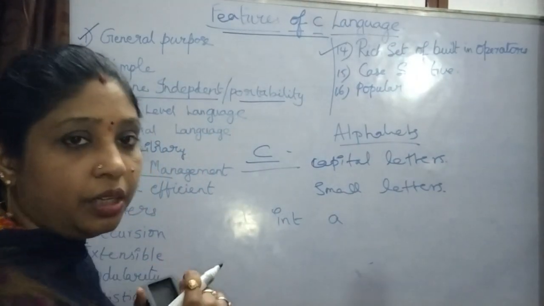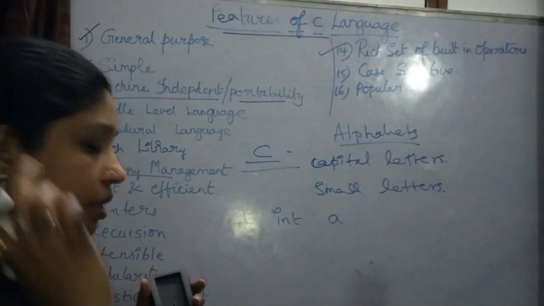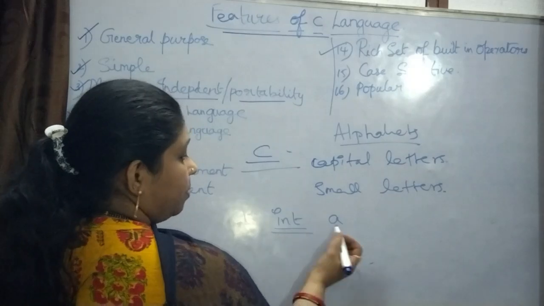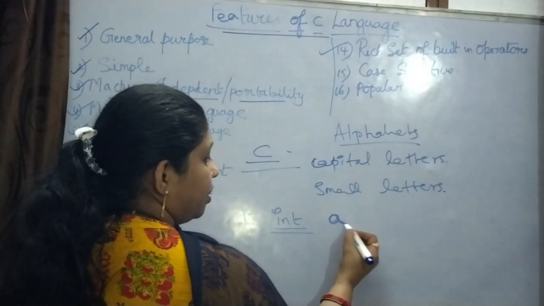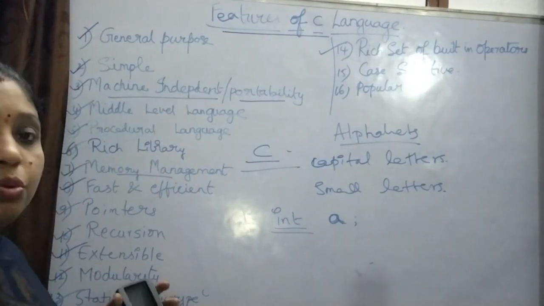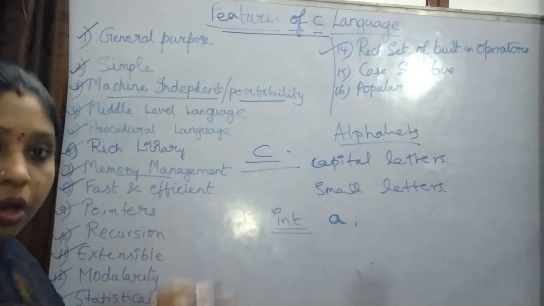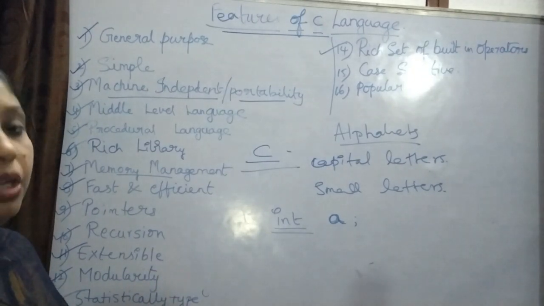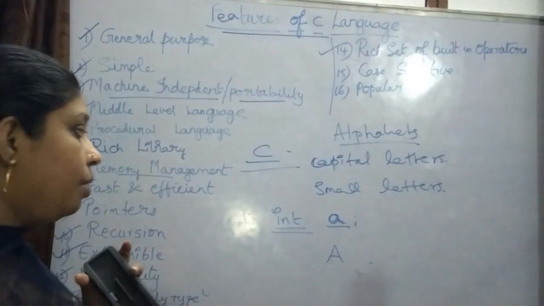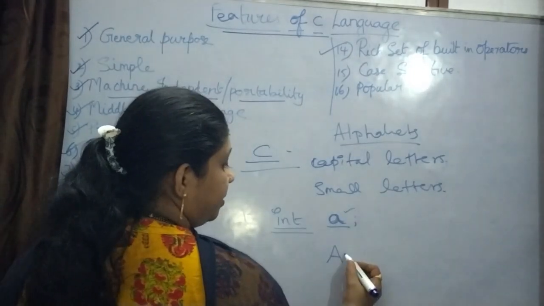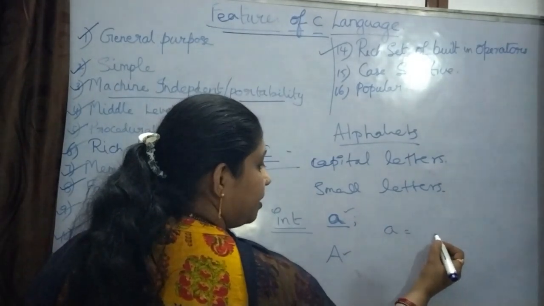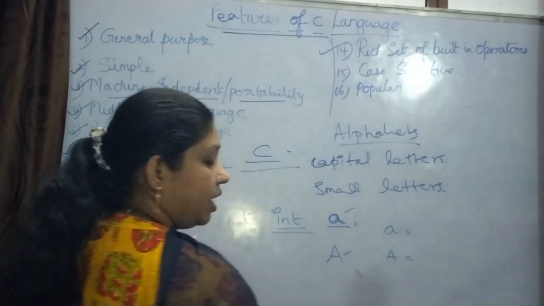Don't worry, I will explain data types in the data types video. Now suppose you declare A as a small letter; you have to use this small letter a in the whole program. Wherever you use the variable, you have to use that only. You should not go for a capital letter, because this small a is different from capital letter A; the small a has been given a different code and the capital letter A has been given a different code.